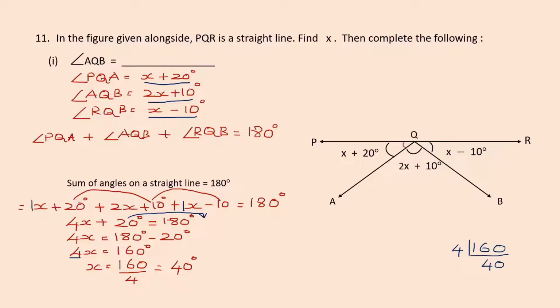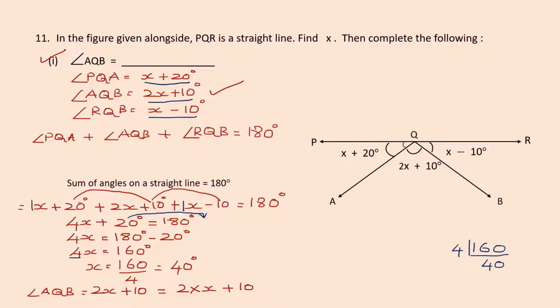Now let's answer the question. Question 1, which says find AQB. Now let's find AQB. Angle AQB is equal to this one, 2x plus 10. That is 2 into x plus 10.